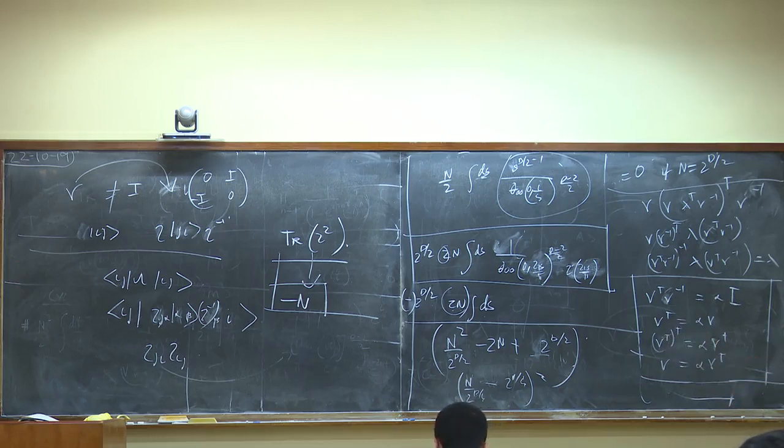Why is that? The reason for this is basically the following. In doing the calculation, what we had to do was this modular transformation on the partition function. So let's imagine, for instance, just for the cylinder, we had to do the modular transformation on the partition function.